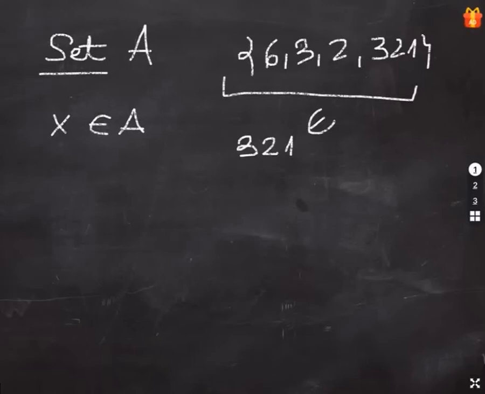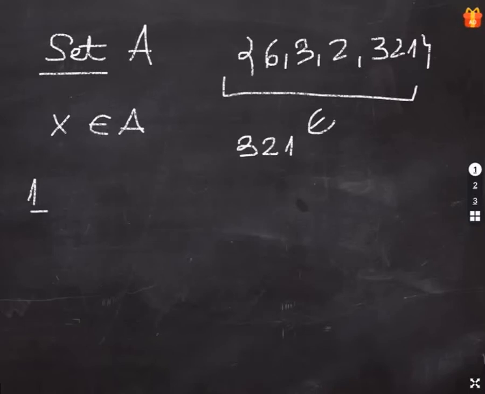Okay, but first of all, we're going to consider sets to be a type of object. And that leads us to the first axiom.